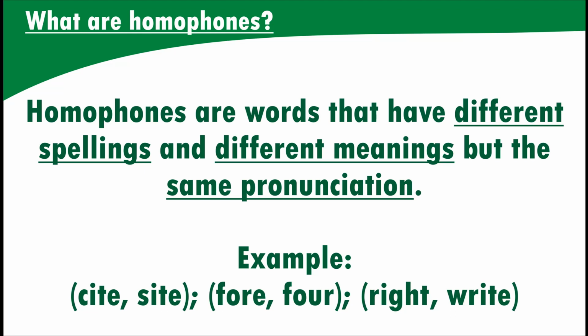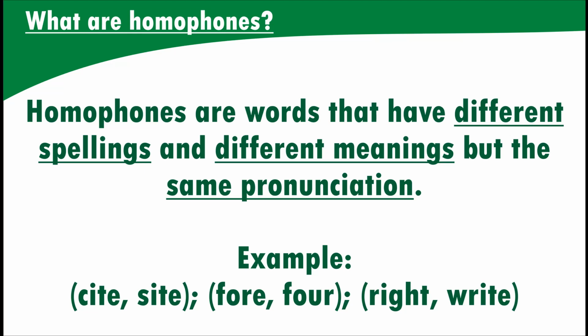The second one is fore, F-O-R-E, and four, F-O-U-R. Different meanings, different spellings, but the same pronunciation. And the third one here is right, R-I-G-H-T, and write, W-R-I-T-E. Of course, different spellings, they mean different things, but the pronunciation is totally the same.